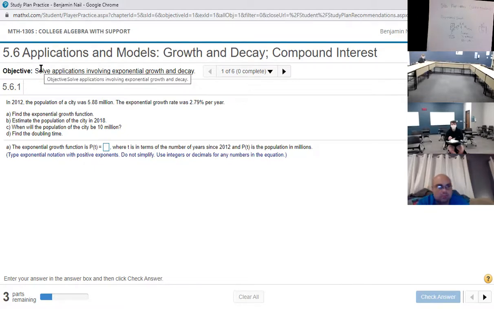So I'm going to try and write some of this down, and then we're going to work our way through this. So again, part A. We had 5.88 million people in 2012, and the growth rate is 2.79%.